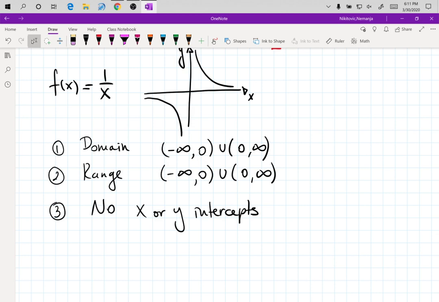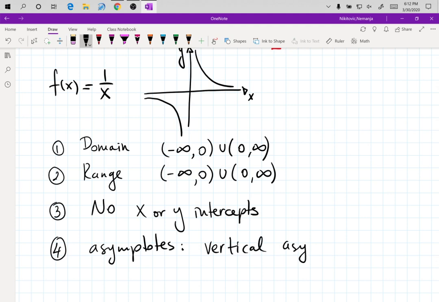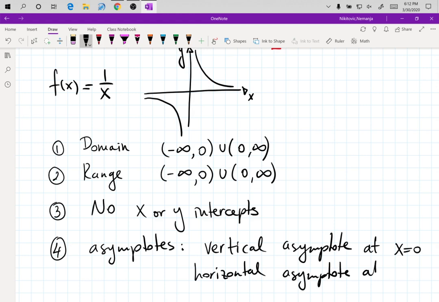we have something that is called asymptotes. And in this case, we have a vertical asymptote at x equals 0, and the horizontal asymptote at y equals 0.